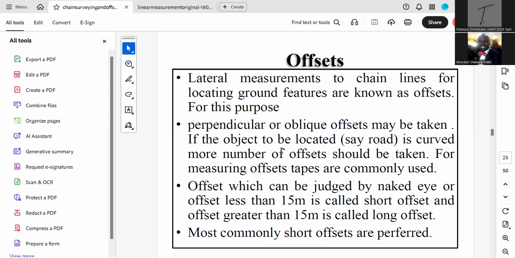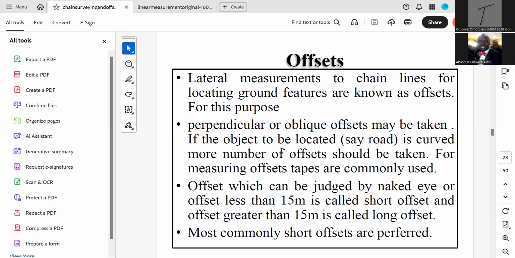So let's go back. We have the definition of offset now. Lateral measurements to chain lines for locating ground features are known as offsets. I've shown you in that diagram. For this purpose, perpendicular or oblique offsets may be taken.